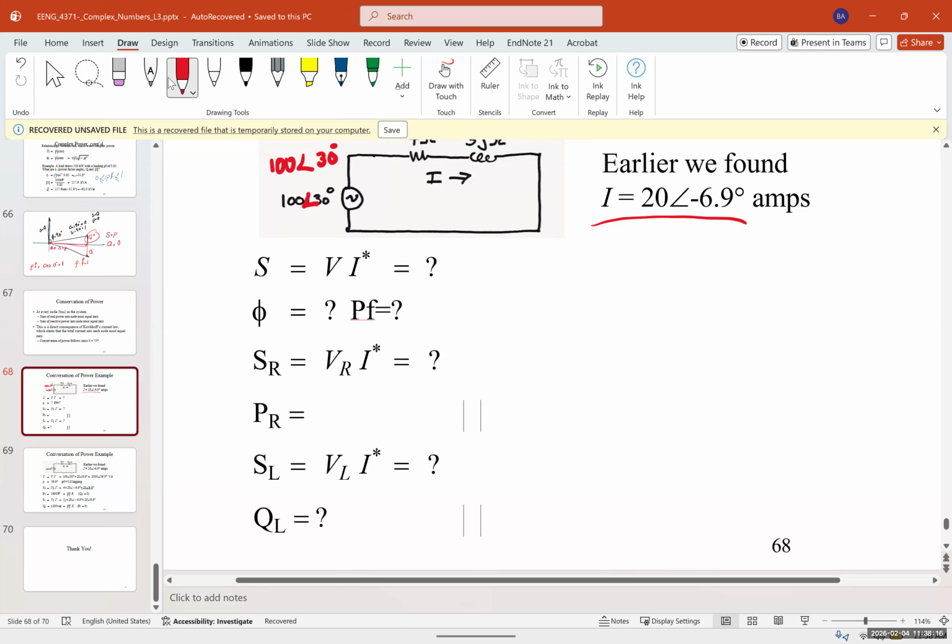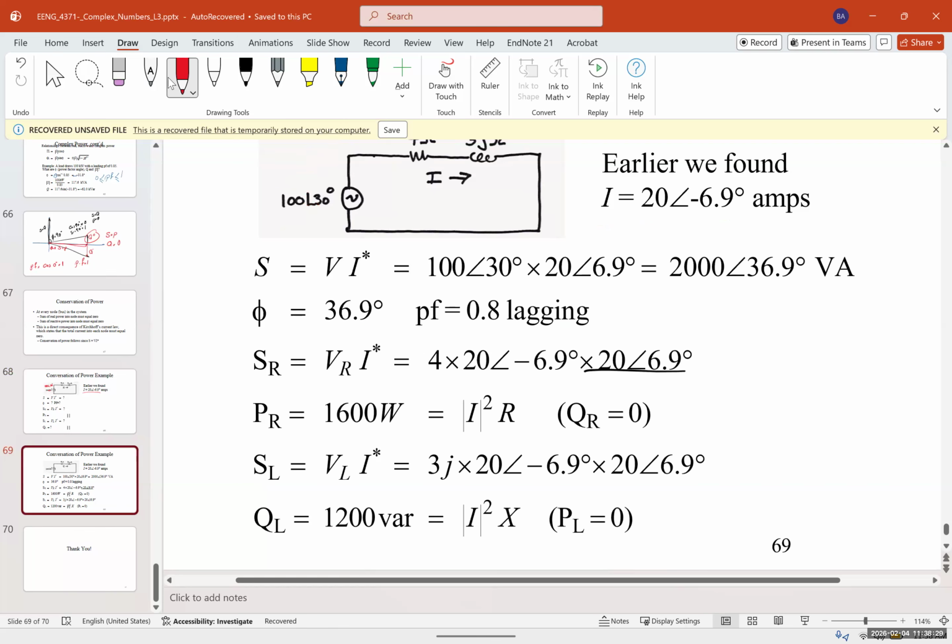Okay, what about SL? Okay. What about QL? 200. Okay. So as you mentioned, S is going to be equal to V I conjugate. I is at negative 6.9 degrees, so I conjugate would be positive 6.9 degrees.